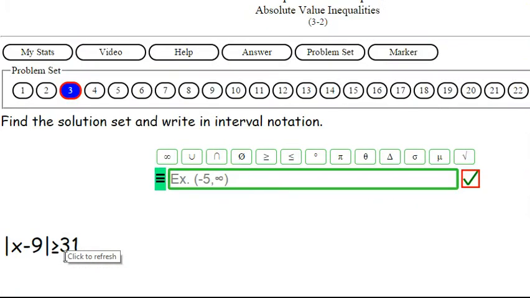You should be catching on to these if you've been doing the previous ones. Okay, so go ahead, drop the absolute value bars.